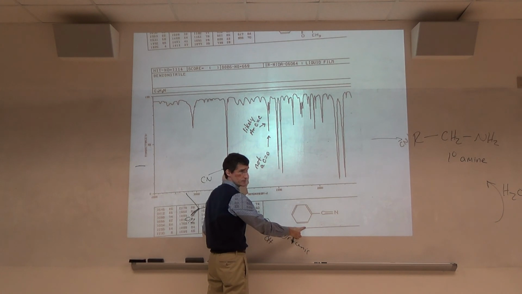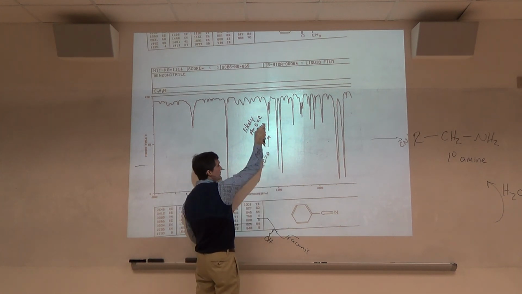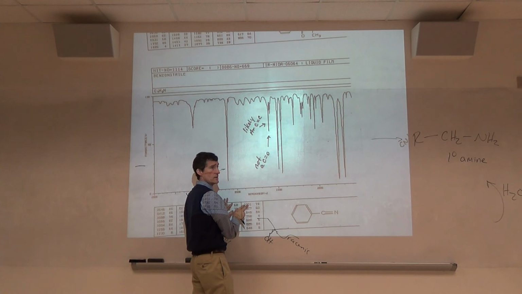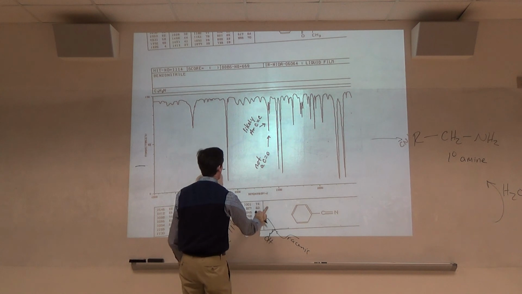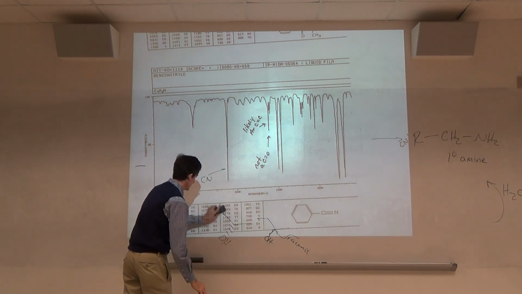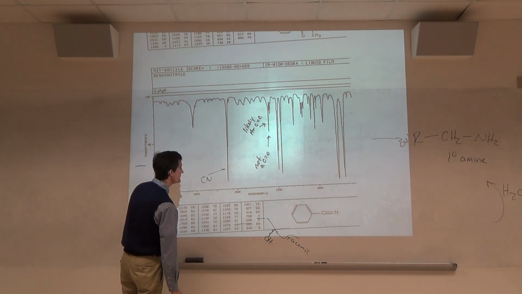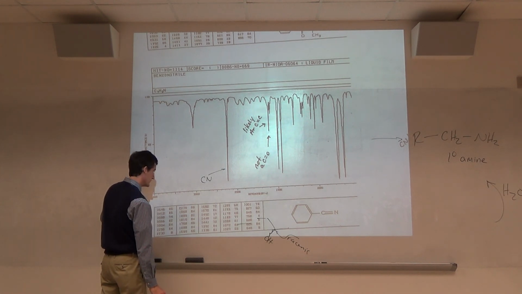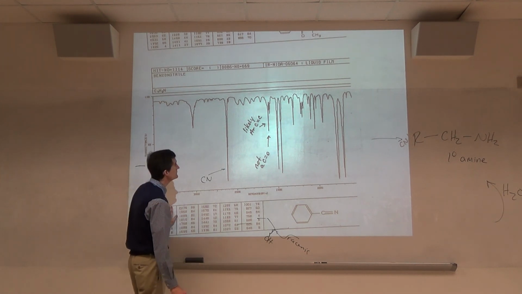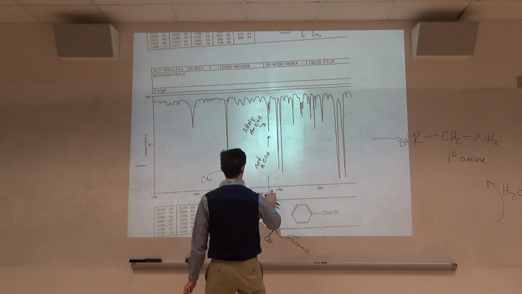Well, the first answer, which I don't think I even stated, there's no CO in the molecule. But why is that not a CO? Because it's too weak to be a CO. Carbonyl is usually one of the strongest peaks in your IR. Okay? Also, what's the position of that peak? It should be low 1600s.